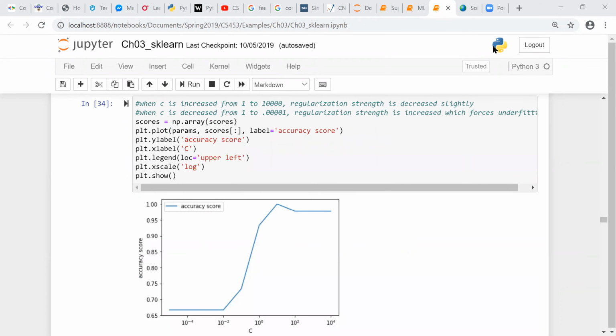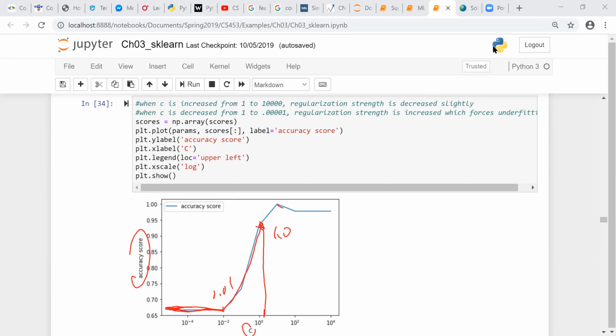I also plot the relationship between C and the error rate. From here you can see when C is really small, the error rate is very high, because it's underfit. But from 0.01 to 1, you can see the accuracy grows a lot.